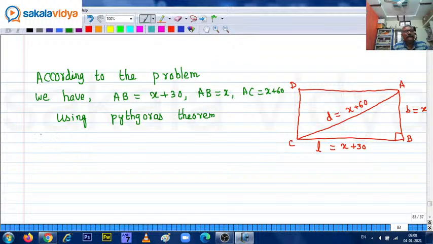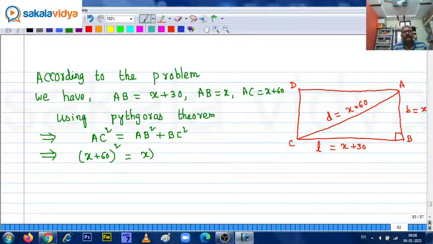So what does Pythagoras theorem state? It states that we have AC square equals AB square plus BC square. So substituting, what is AC square? AC stands for x plus 60 whole square.